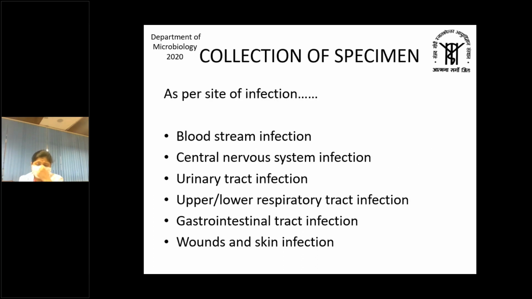Then, coming to the collection of specimens as per the site of infection or the clinical syndrome: bloodstream infections, patients in sepsis, central nervous system infections such as meningitis and encephalitis, urinary tract infections, upper and lower respiratory tract infections, gastrointestinal tract infections, and wounds and skin and soft tissue infections.